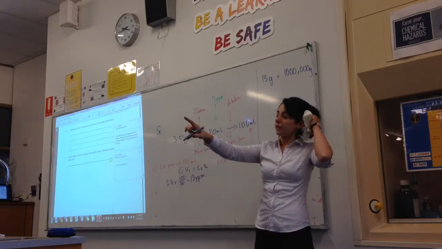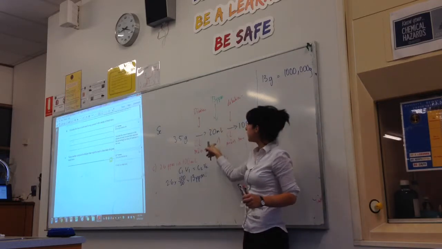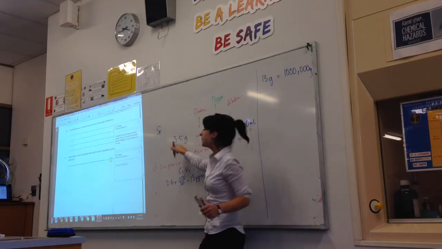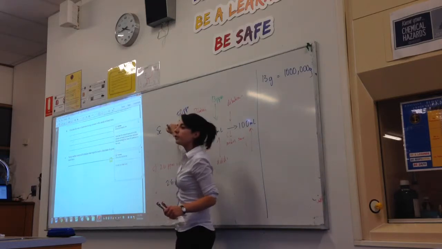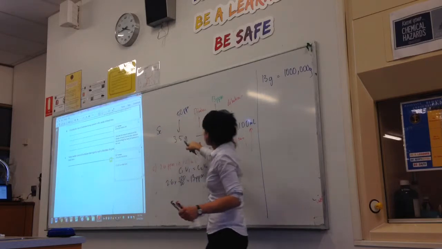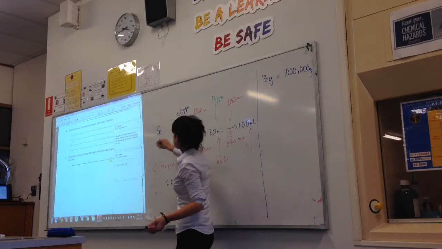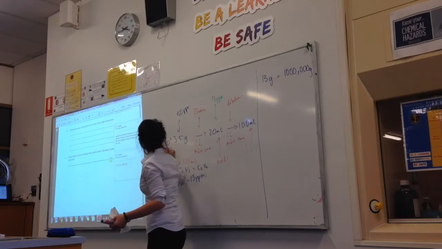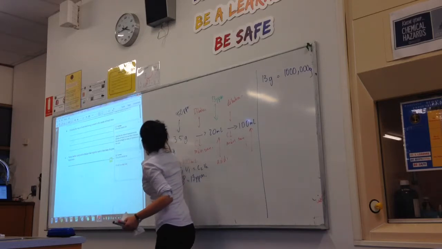Because, just think about it. 13 ppm is in here, not in here. This concentration might be 50 ppm, because we've diluted it. If we knew the concentration in here, we could go 50 grams equals a million grams, X grams equals 3.5 grams. But we don't know the concentration in here.